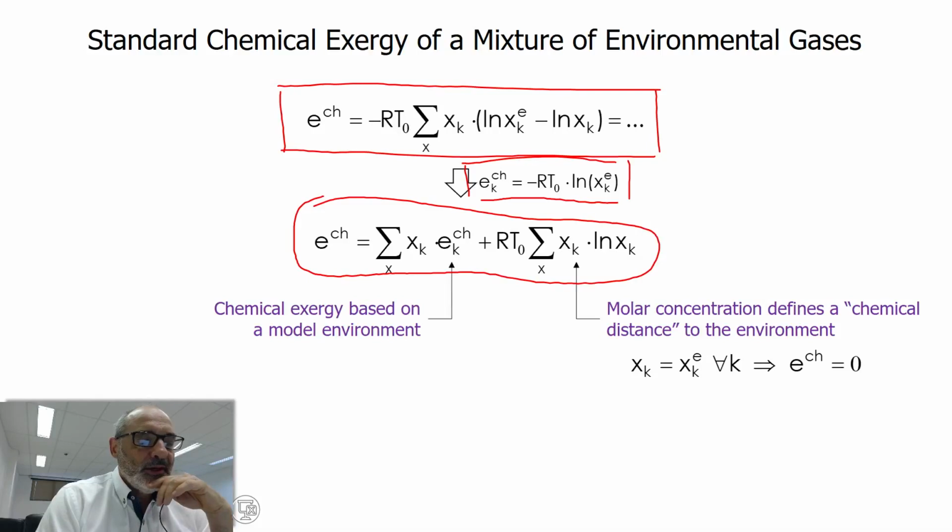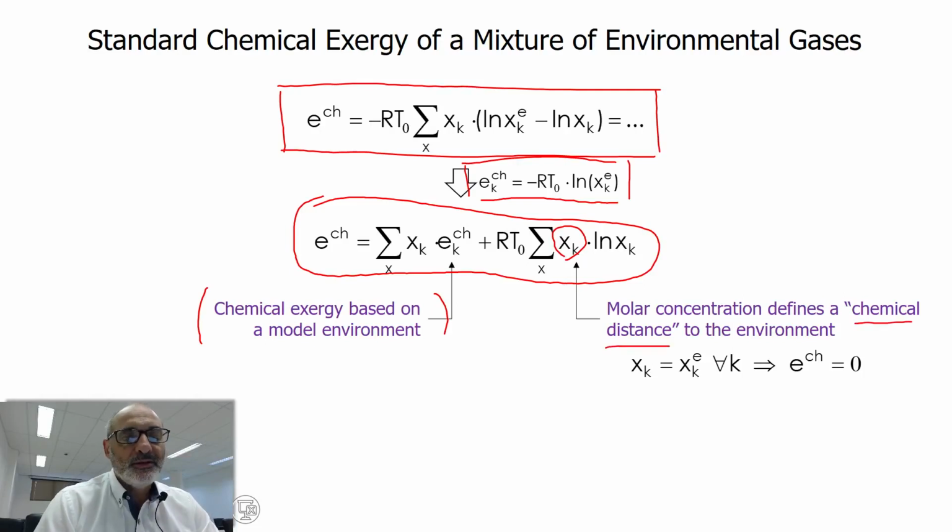The first sum is the chemical exergy based on a model environment. And these molar concentrations here define what we could call a chemical distance to the environment. What enables production of work is difference, or we can consider a distance.